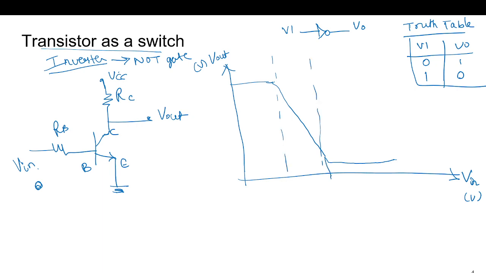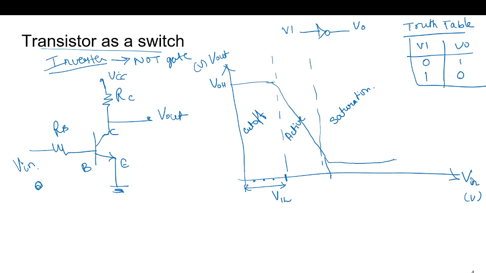So this will have 3 regions of operation: cutoff, active, saturation. So this potential is the VIL, means till this potential, if you apply any potential, like say 0.1, or say 1 volt, any voltage here will be considered as logic low and the output will be logic high.